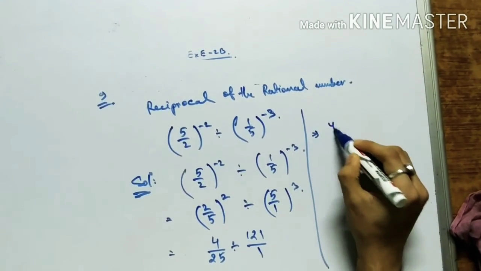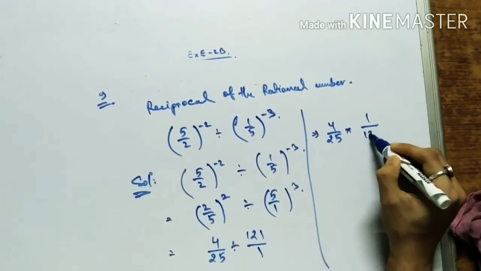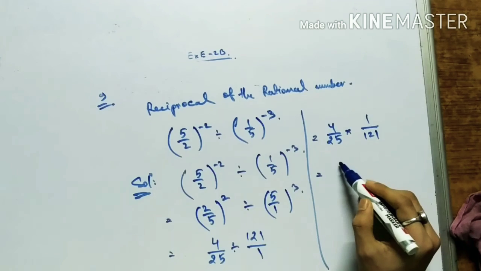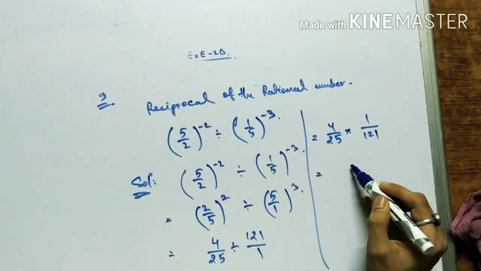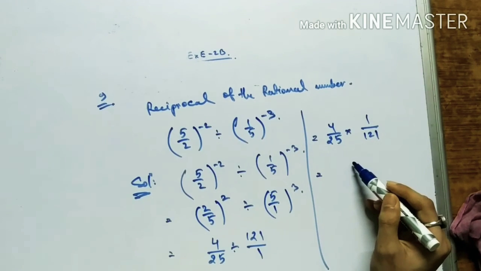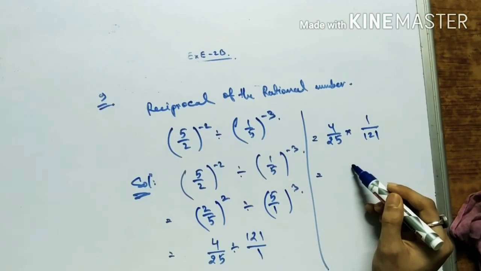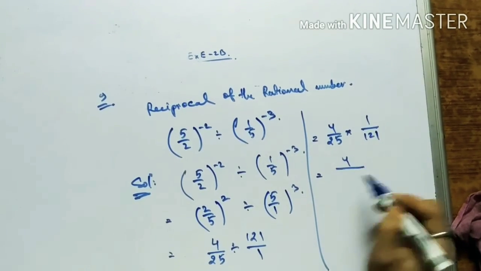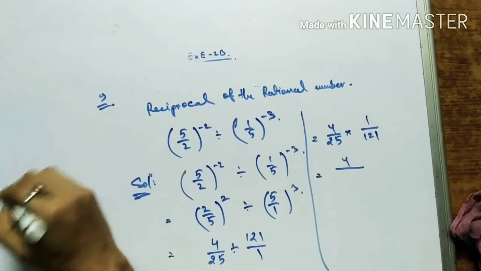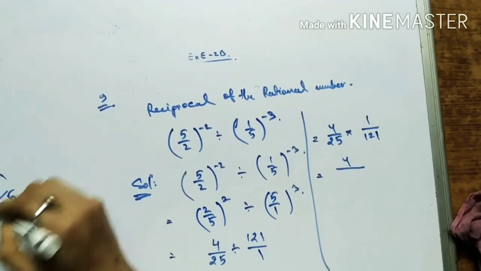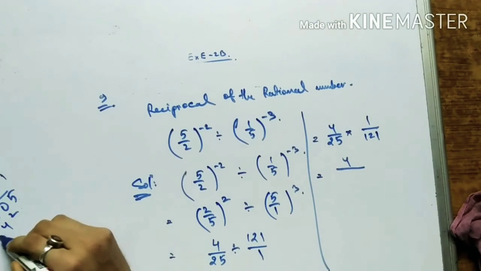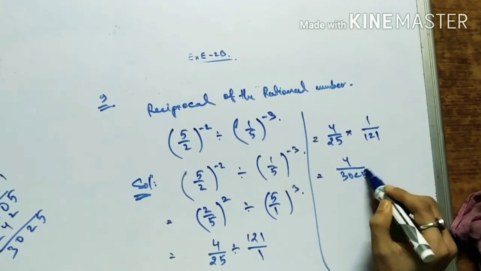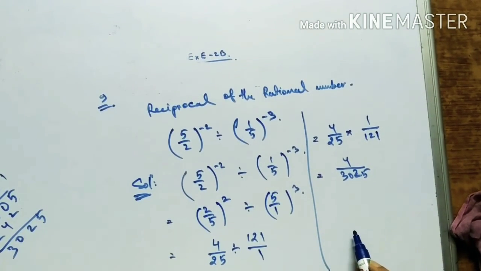So 4 by 25 into 1 by 121, ultimately I will get 4 by 121 into 25, which I will get as 3025.